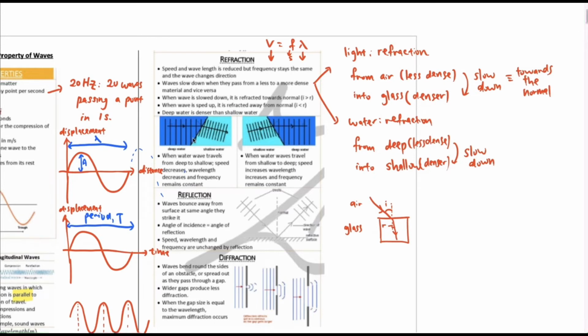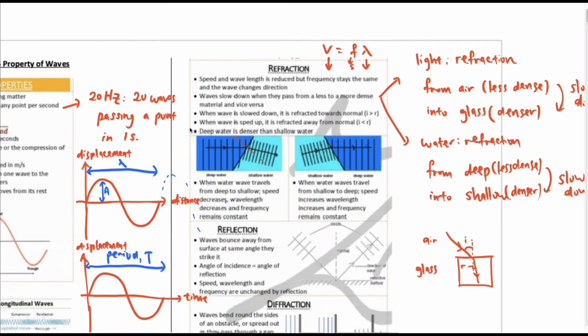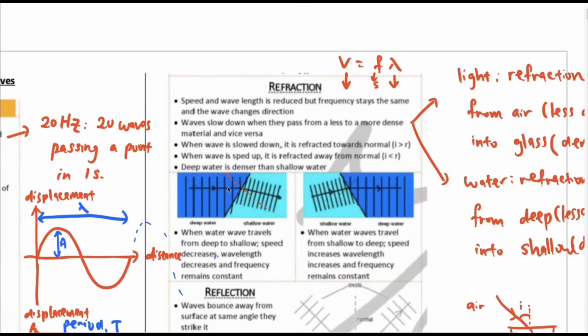So the boundary is here, and then the normal is perpendicular to the boundary. Okay, let me zoom in a bit. So if the boundary is here, then the normal is perpendicular to the boundary. And then this angle from the normal to the wave is known as the i.